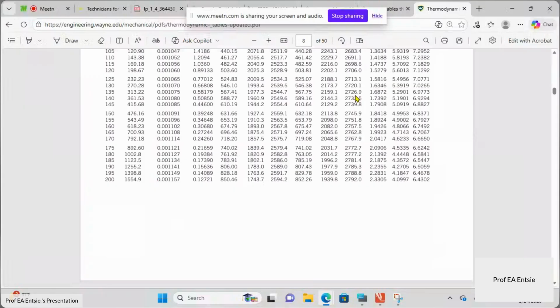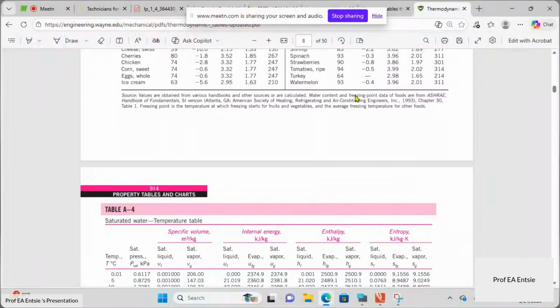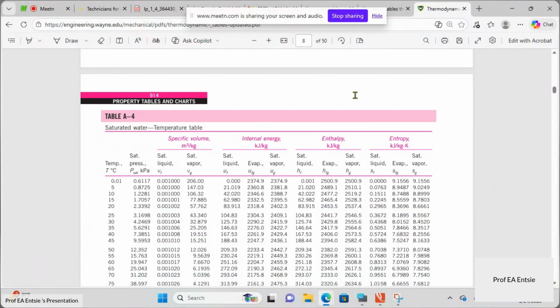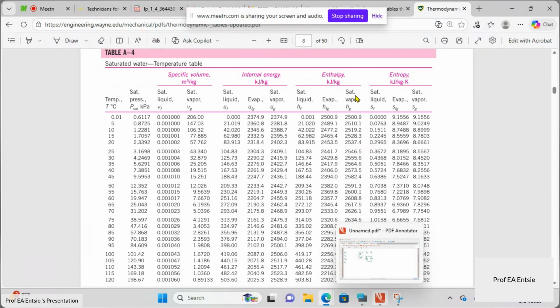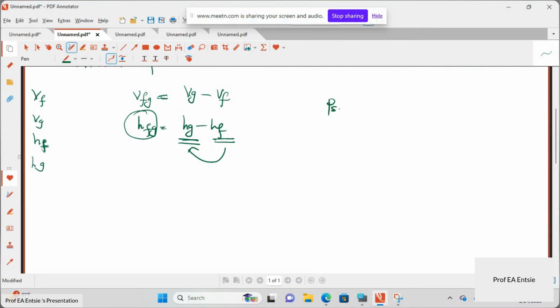Okay, so saturated water temperature table. Then the temperature was 90. So at temperature 90, any pressure there is known as the saturated pressure. That's what the question is asking us to find. So here you come and write the answer: P sat, which is pressure at a given temperature, is 70.183 kilopascal.